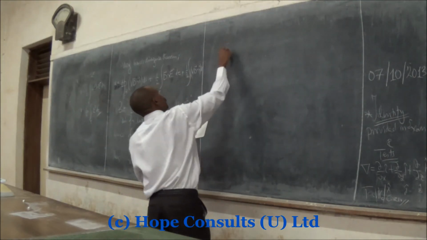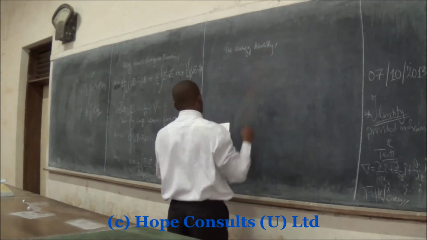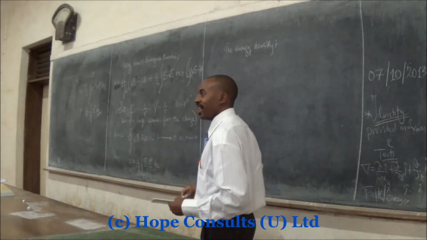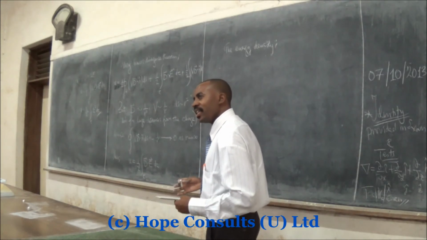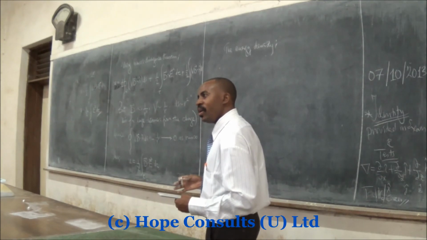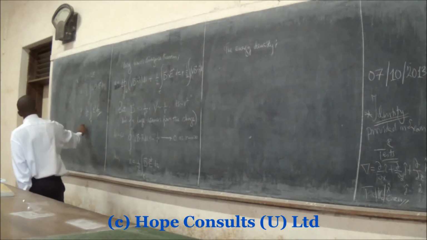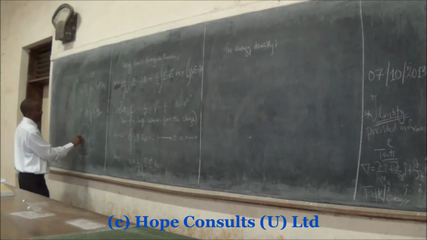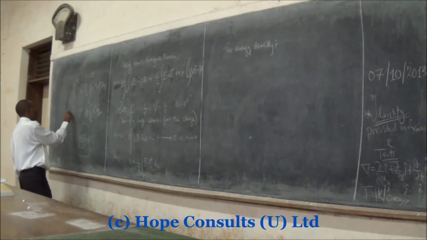So the energy density will be the same as, when we are having our charge distributions and we had our elemental volume d tau, what was rho equal to? We know that rho d tau was equal to dq.